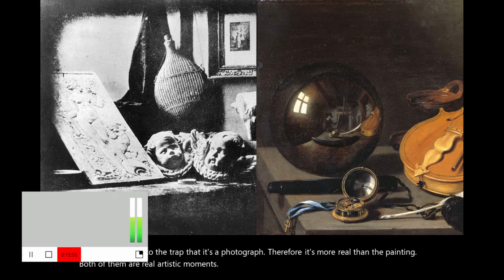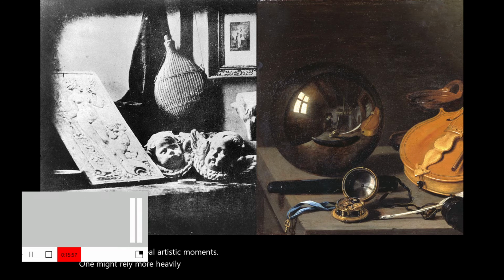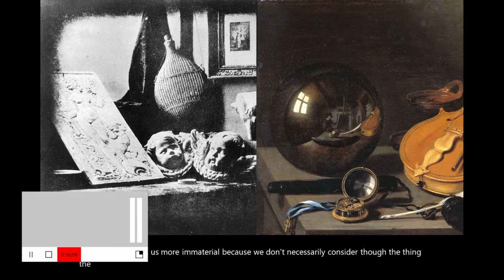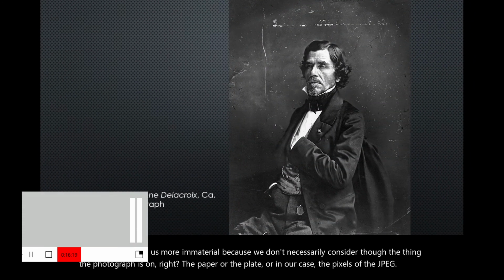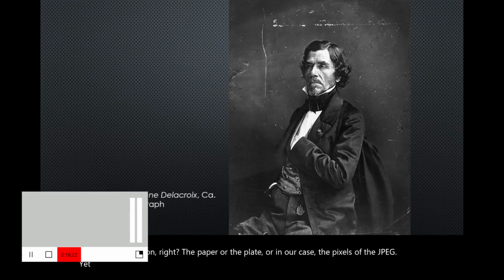One might rely more heavily on symbolism than the other. One might seem to us more immaterial because we don't necessarily consider the thing the photograph is on, right? The paper or the plate, or in our case, the pixels of the JPEG. Yet it's a way of preserving imagery.